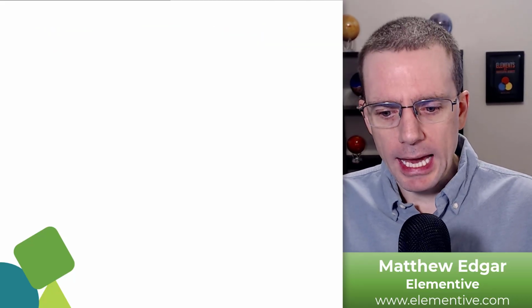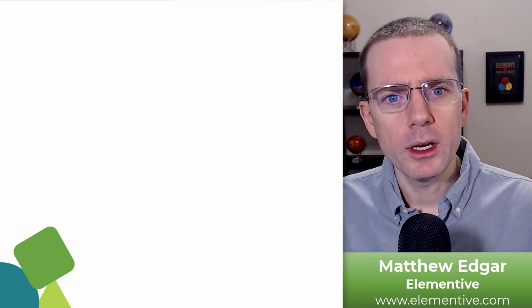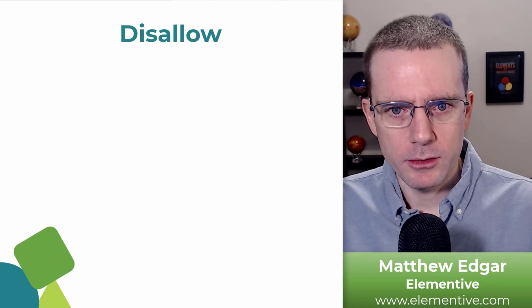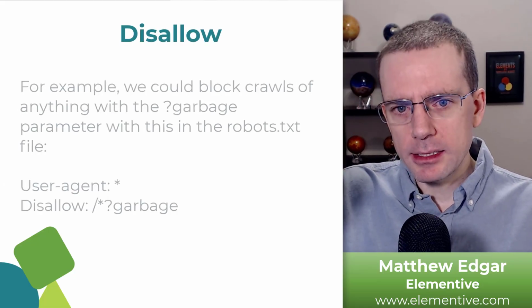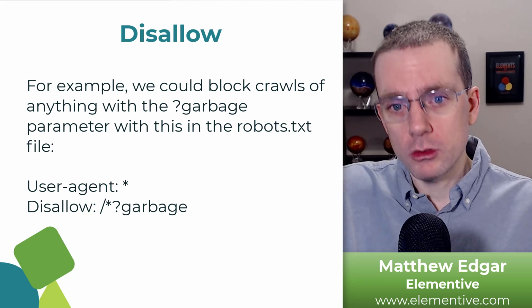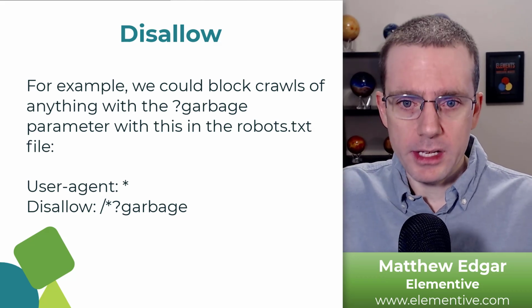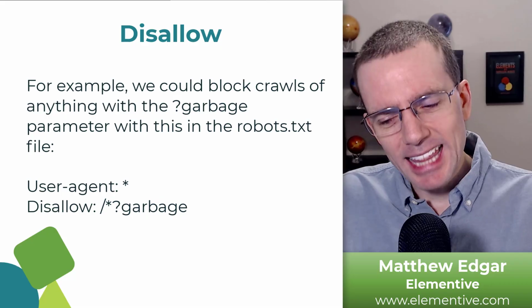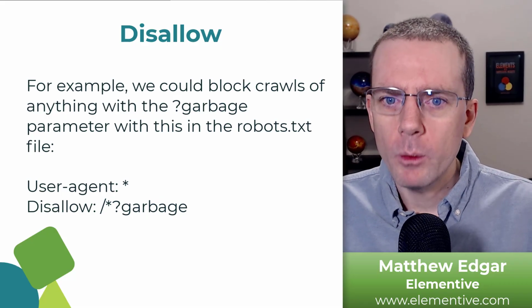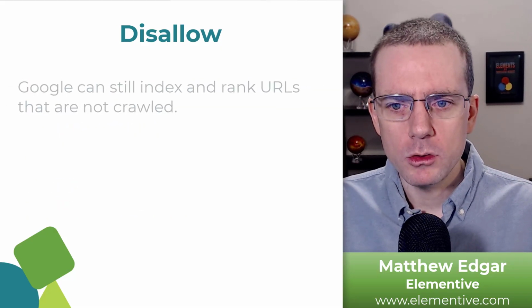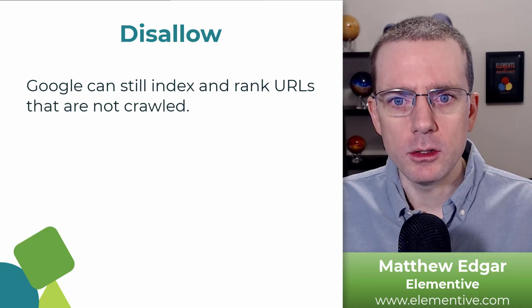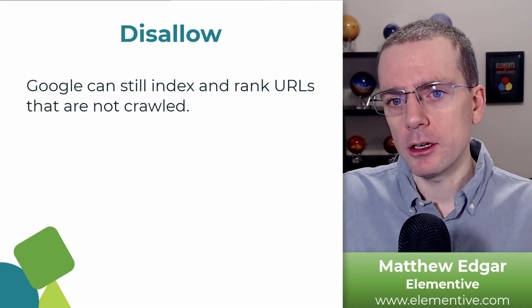Now, I'm going to guess that some of you are thinking, what about a disallow in the robots.txt file? We could set a disallow statement to say, hey, don't crawl URLs with all these parameters attached. That's usually a bad option and not one I would recommend. And that's because Google can still index and rank URLs that are not crawled.